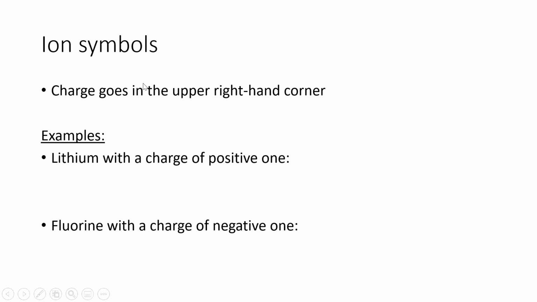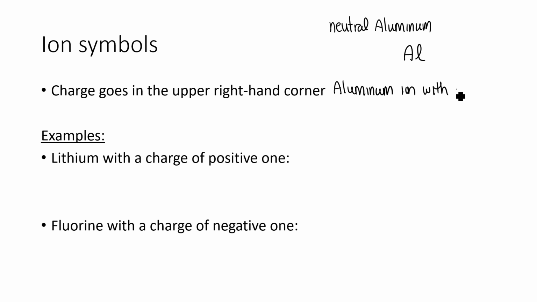When you're writing out the symbols for these ions, the charge goes in the upper right-hand corner. Let's look at aluminum, for example. If I were to look at a neutral atom of aluminum, I would just write the symbol Al with no charge because it's neutral. If I were to write out the symbol for an aluminum ion with a +3 charge, I would write it like this.